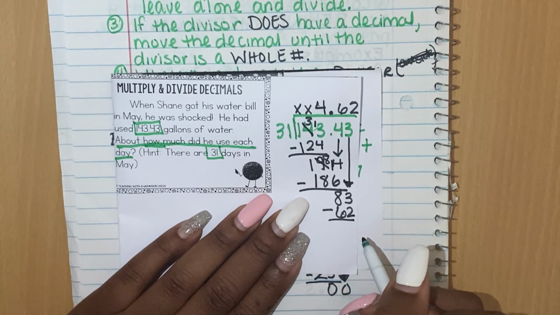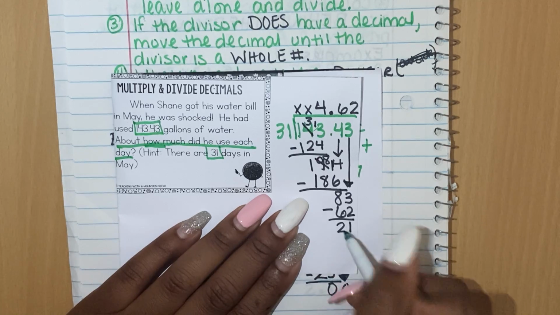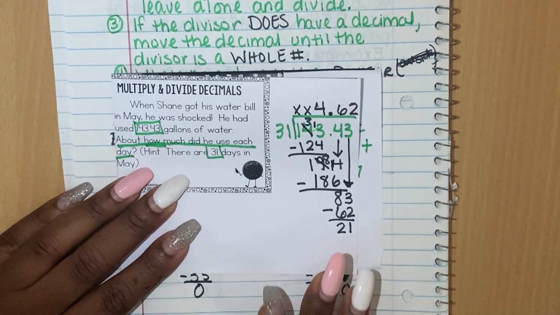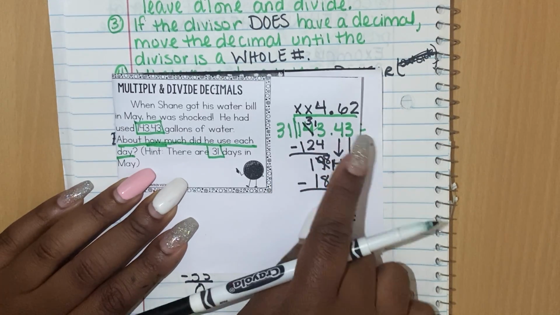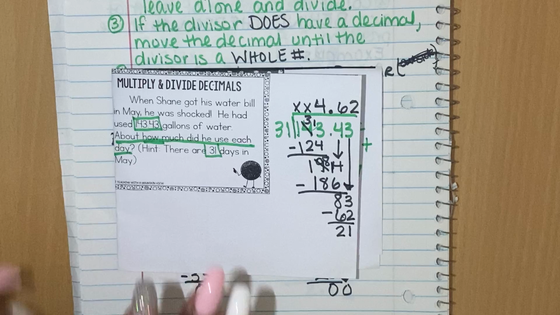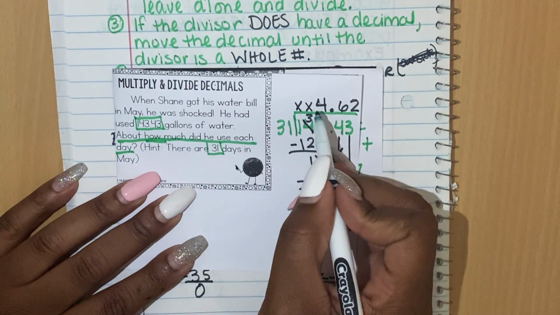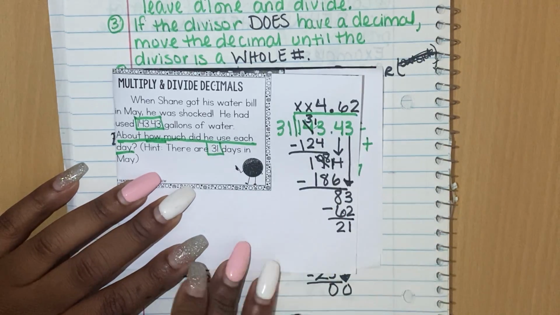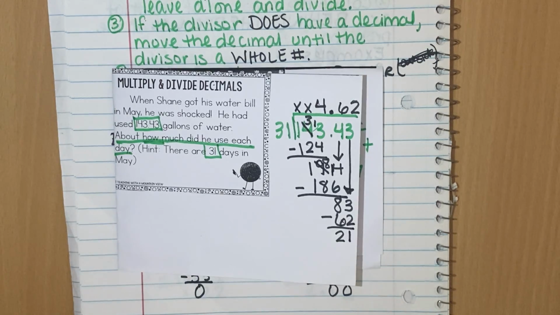We're going to subtract. 3 minus 2 is 1. 8 minus 6 is 2. We're not going to go any further because we started with 2 decimal places here. I want 2 numbers behind my decimal. That way we can approximate about how much water he used each day. So he used about 4.62 gallons of water each day. That is dividing decimals.